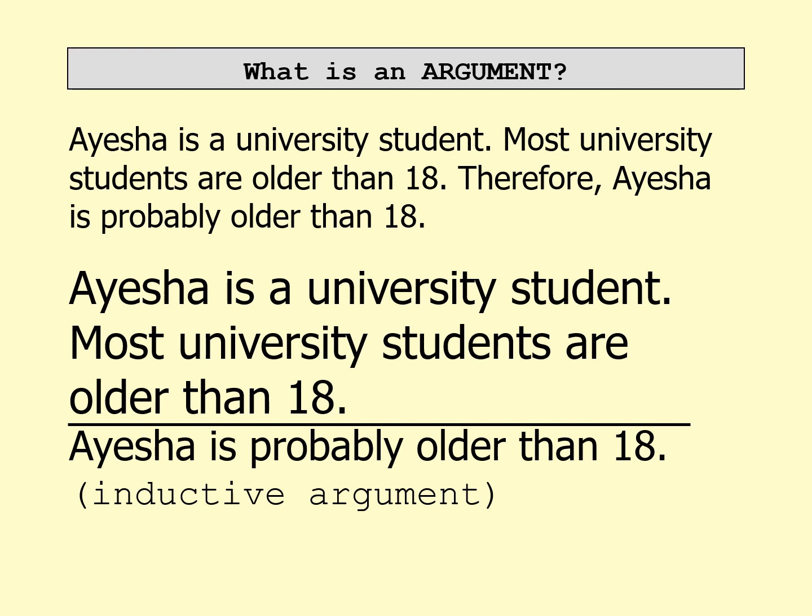Aisha might happen to be one of the few university students who are younger than 18. But this is not a deductive argument, it is an inductive argument. So we will ask if it's probable for the premises to be true and the conclusion false.